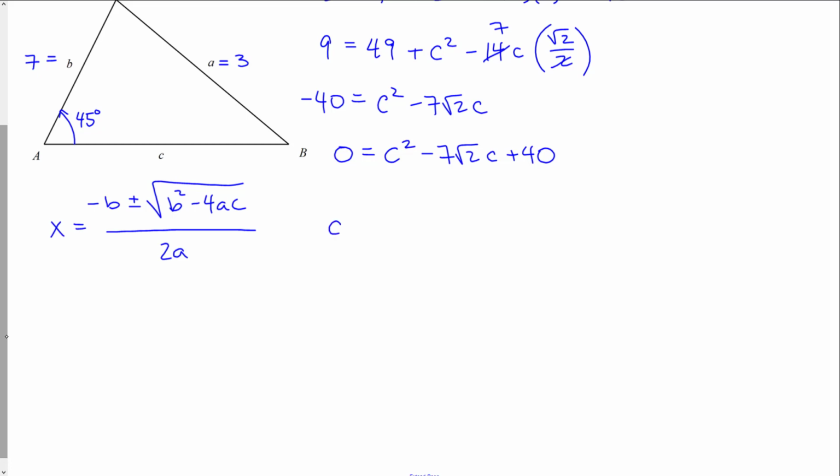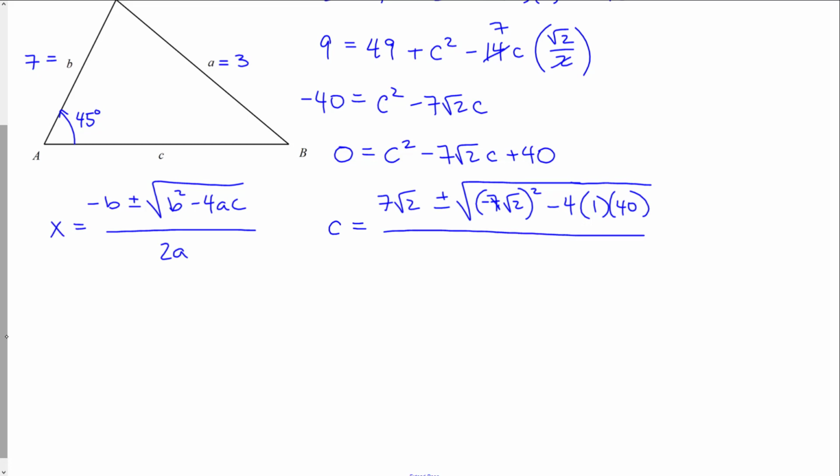So we're basically saying c is equal to 7 root 2, because I'm taking the opposite of negative 7 root 2, plus or minus the square root of negative 7 root 2 quantity squared minus 4 times a is 1, c is 40, all over 2 times 1, because a is equal to 1.